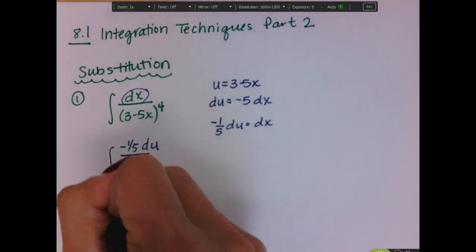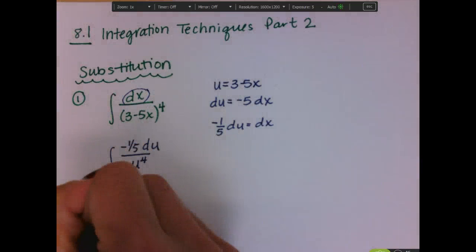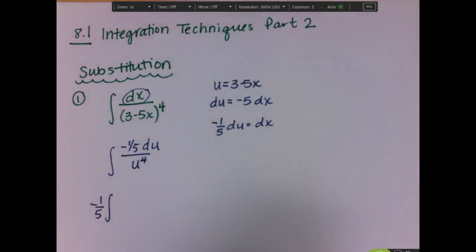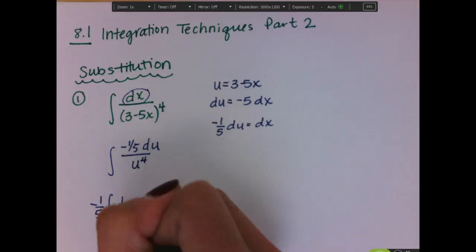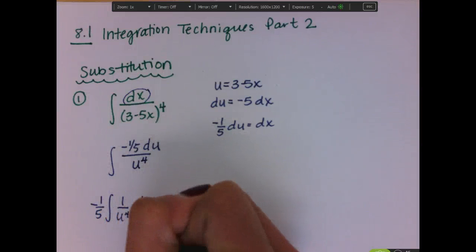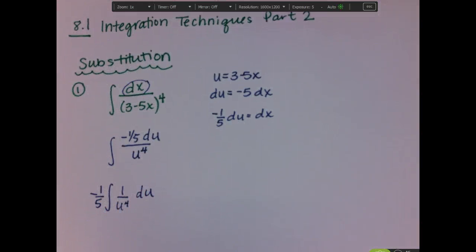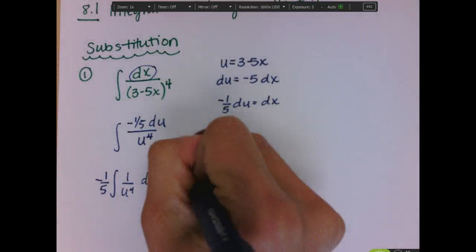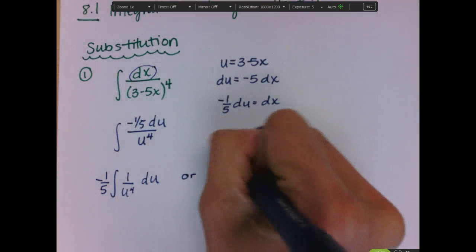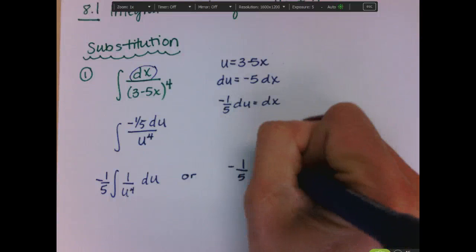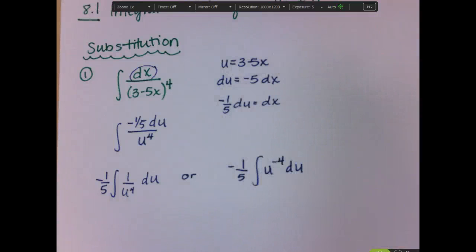Now another equivalent way of writing that is to pull out that constant multiple of negative 1/5, and then I have 1 over u to the 4th du that I'm integrating. Or you could equivalently write that with a negative power, which does lead to the integration process a little bit better.